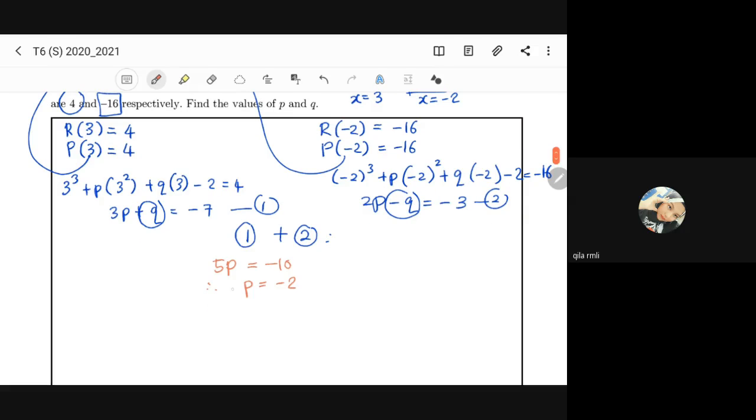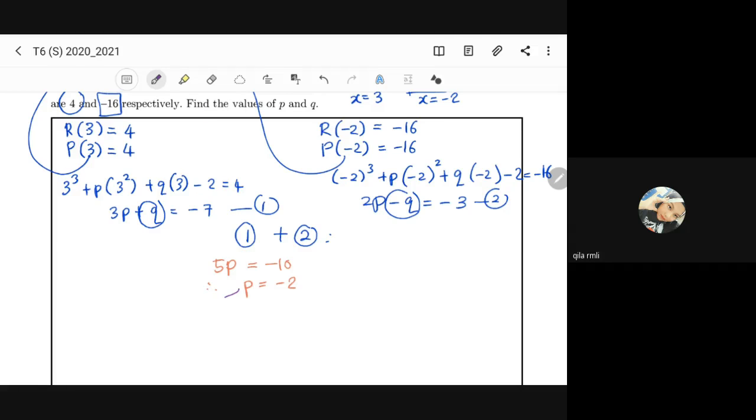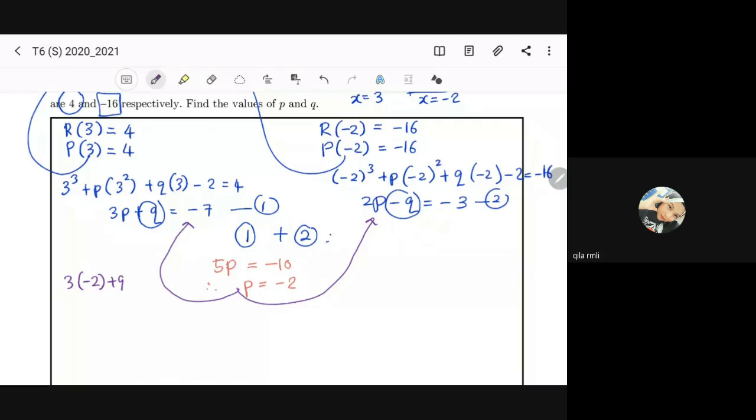Next, we can substitute P into either first or second equation, up to you. So let's say I substitute into the first, I will get 3 times negative 2 plus Q is negative 7. Negative 6 plus Q is negative 7. Therefore, Q equals negative 1. Okay, done.